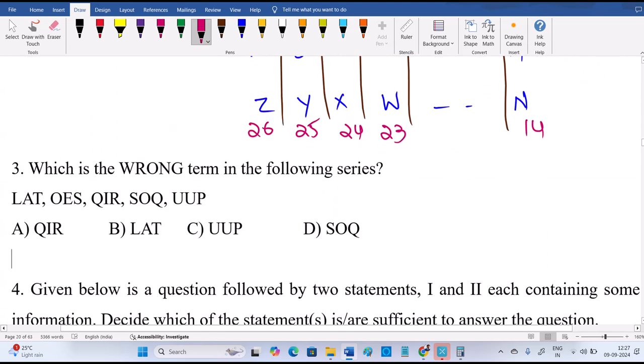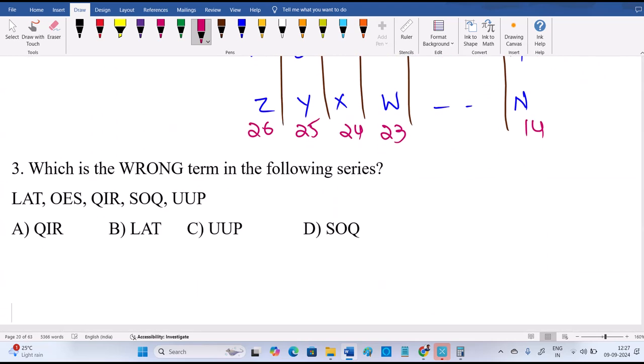Now wrong term in this. In every set you can see this type of question is given. So guys, learn.